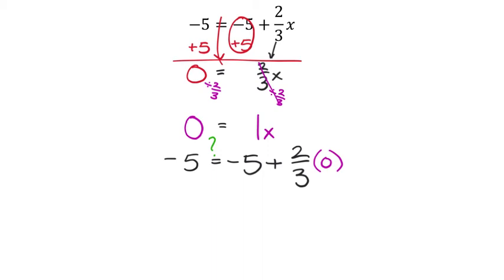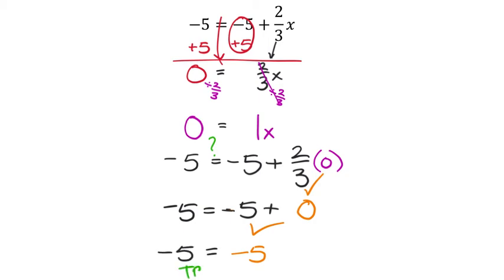So, just by the order of operations, I have 2/3 times 0, which is 0. So now I have negative 5 equals negative 5 plus 0. It's not going to matter. And negative 5 plus 0 right there is a negative 5. Negative 5 does equal negative 5, okay? So that's true.